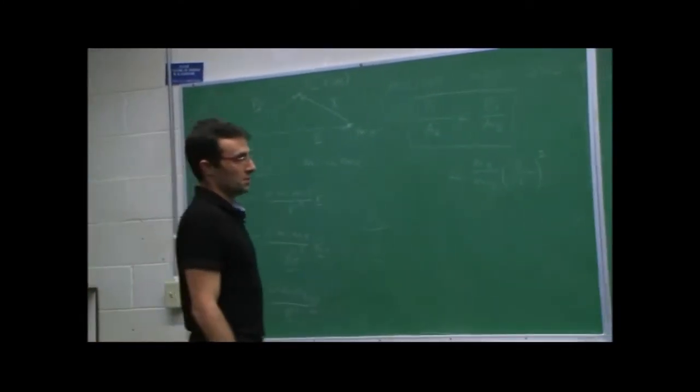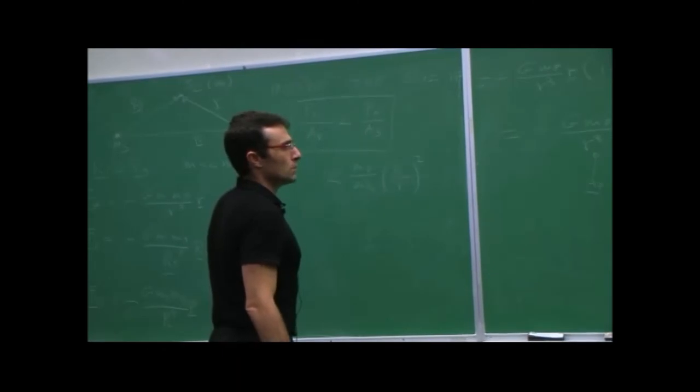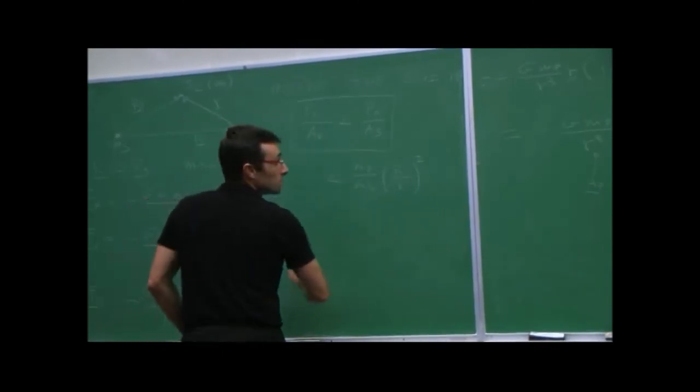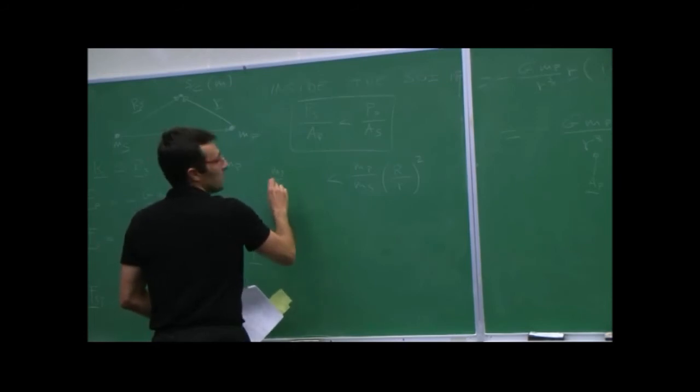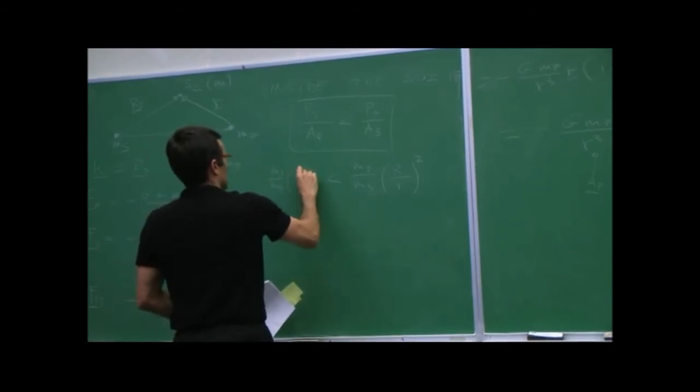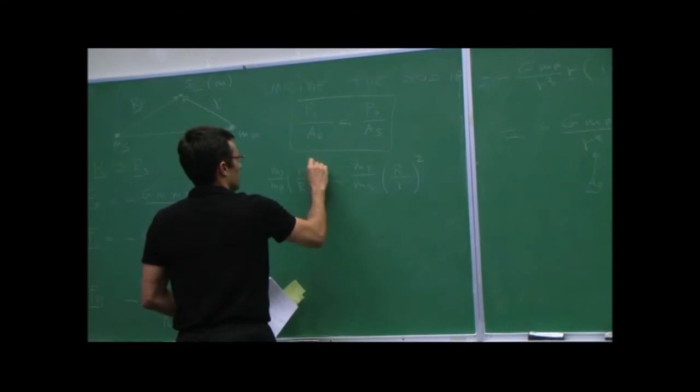Now if you're asking yourself, this is squared, that's cubed, that's fine. That's a ratio of two distances, so these ratios are dimensionless. So it still works. So that's what I want to substitute in here: ms over mp, little r over big R cubed.